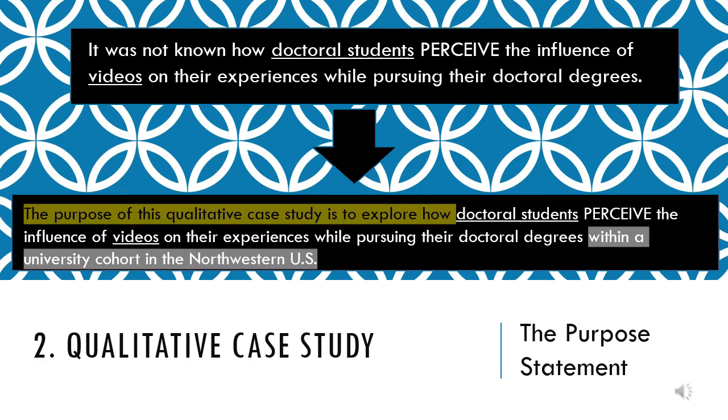So the problem statement that went from, it was not known how doctoral students perceive the influence of videos on their experiences while pursuing their doctoral degrees, translates now into a purpose statement. The purpose of this qualitative case study is to explore how doctoral students perceive the influence of videos on their experiences while pursuing their doctoral degrees within a university cohort in the Northwestern US.